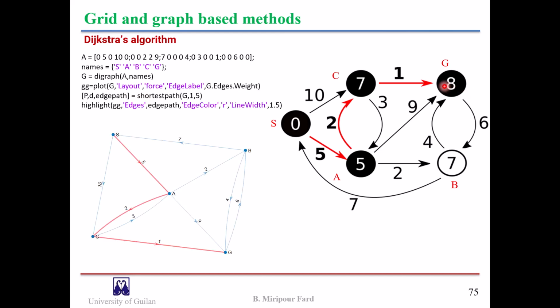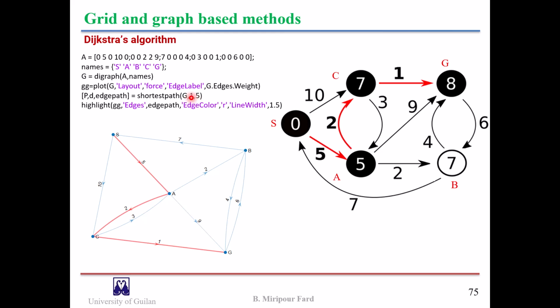We can solve this problem using MATLAB. After forming the weighted graph using the digraph function, we can obtain the shortest path using the shortestpath function of MATLAB. This command is based on Dijkstra's method, and the inputs of this function are the numbers of the nodes between which the shortest path should be obtained.